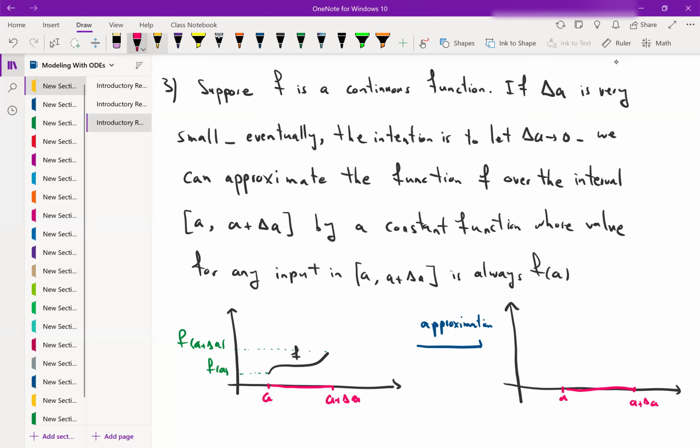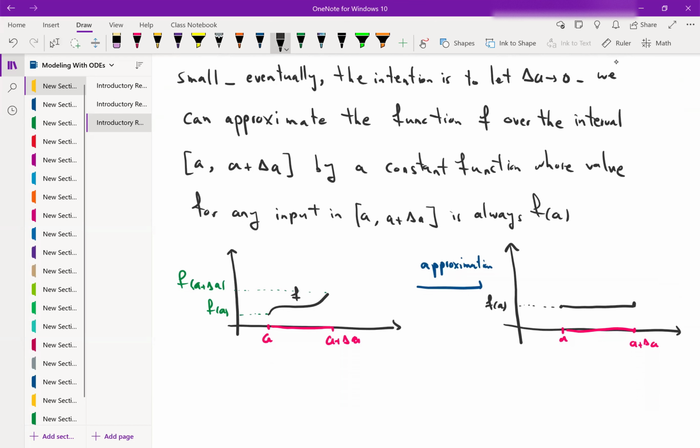Instead of considering this f that you see on the left, I'm going to just consider f of A, and this will be my approximation. At all points, its value is f of A. This is a good approximation as long as delta A is small, and obviously it becomes more and more accurate as delta A goes to 0.